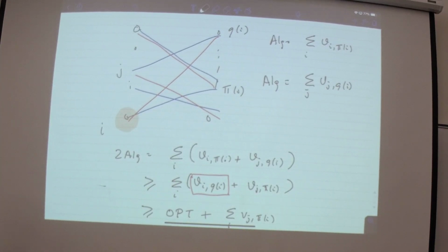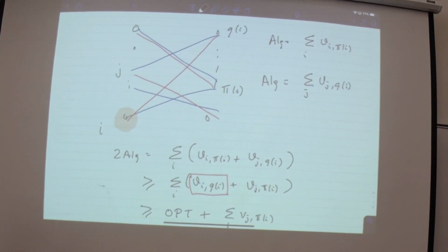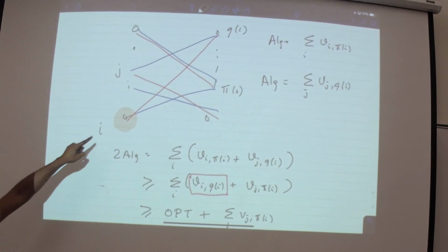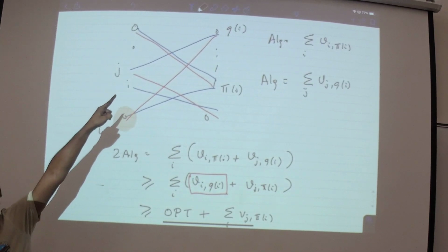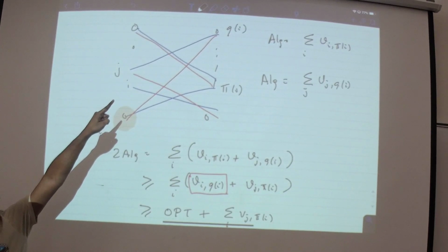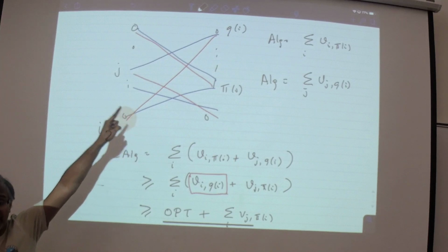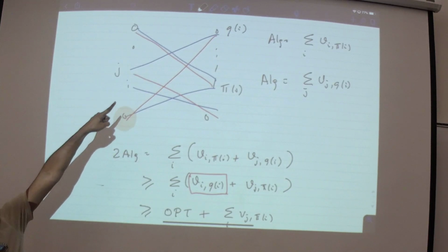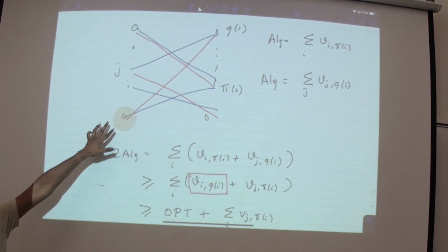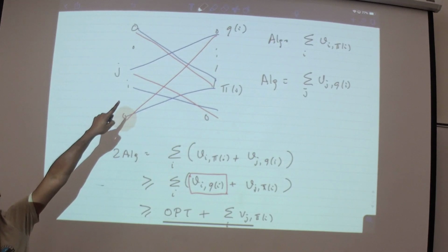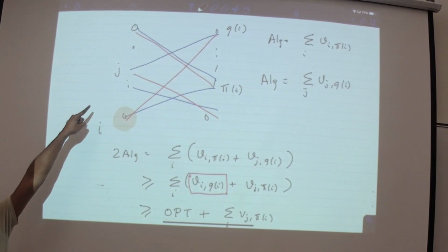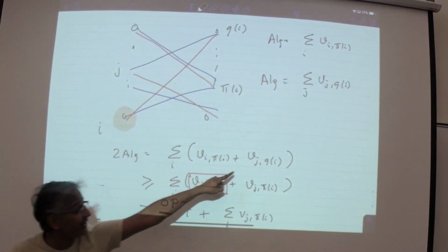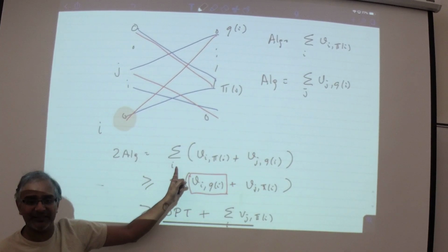You should think of J as something derived from I. The way we derive J from I is, you look at I, you look at where the optimal solution sends I, and then you look at what the algorithm would have sent to that thing. So think of going from I, taking a red edge up to Qi, and taking a blue edge back to J. That's the way in which J is produced. So whenever I say J here, it's the J coming from that I.